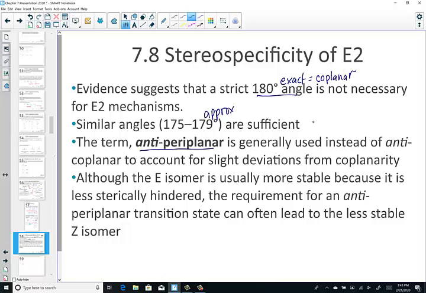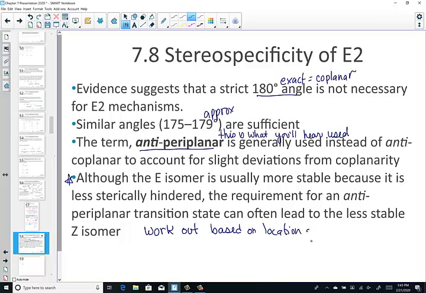So even though the E isomer is usually more stable, just think of that as we just said, trans is more stable than a cis conformation. But sometimes, just based on the location of the substituent groups, if we have no anti-periplanar hydrogen, you might not be able to make an E or a Z. The stereochemistry is determined by the location of what hydrogen is available in the beta position.